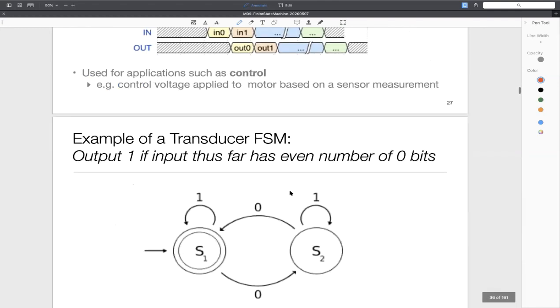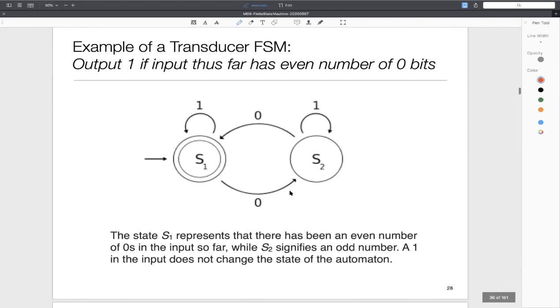So let's look at an example. What we have out here is a machine whose job is that it should output 1 if the input thus far has an even number of 0 bits.